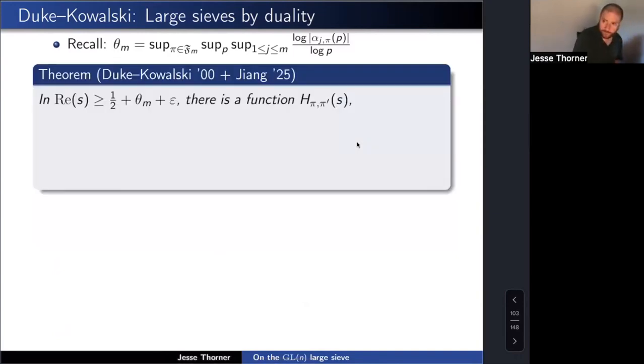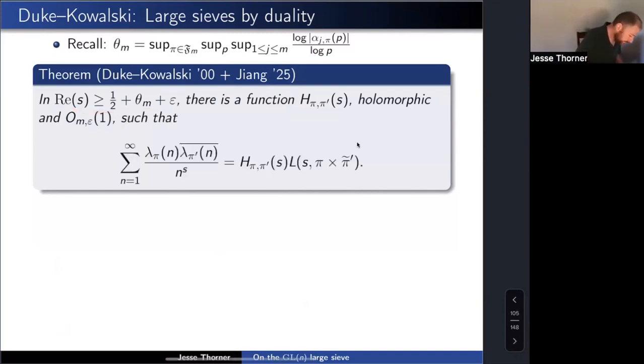What Duke and Kowalski show, with this new input from Yu Jiaojiang, is that there is a function h of pi, pi prime, and s, holomorphic and absolutely bounded in this region, with the property that the Dirichlet series formed by the coefficients that I'm actually looking at is factorable as my bounded function times my Rankin-Selberg L-function.